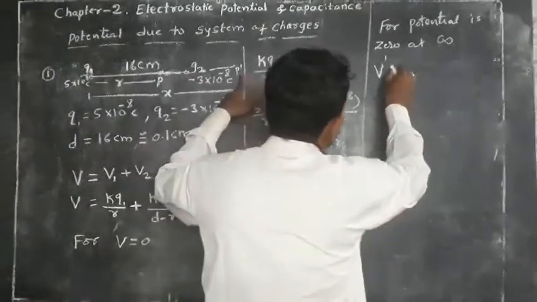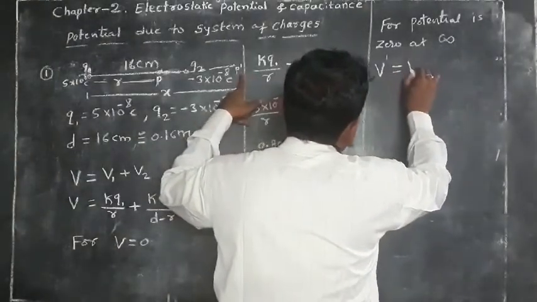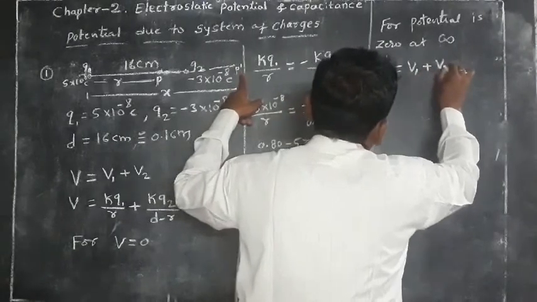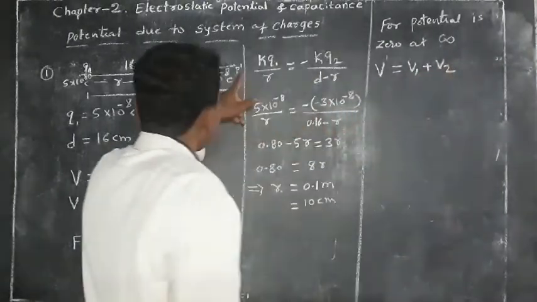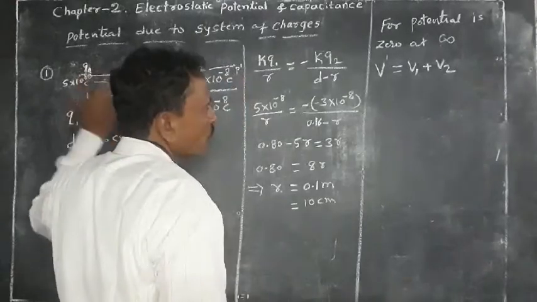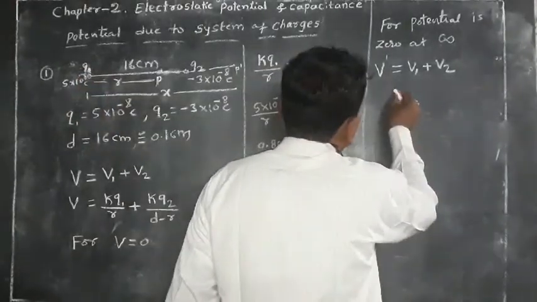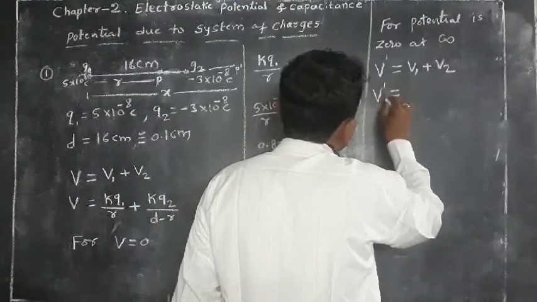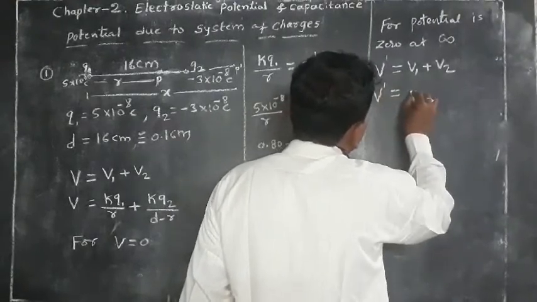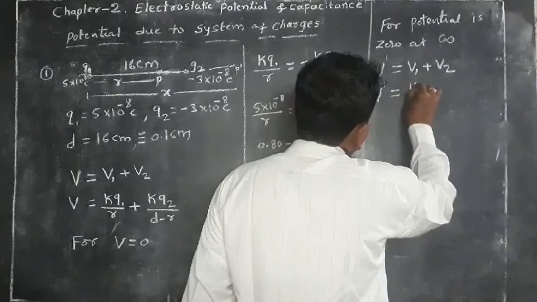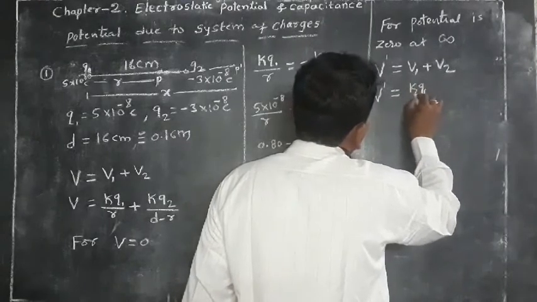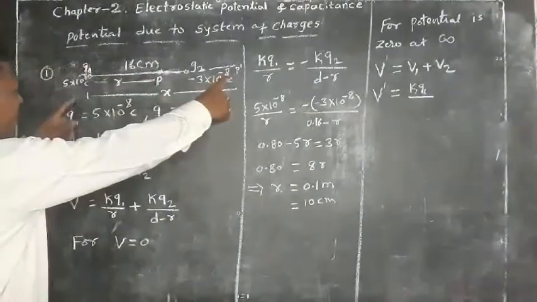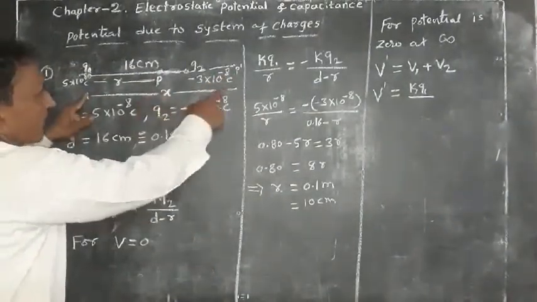Therefore, phi dash is equal to phi1 plus phi2. Here phi1 is the potential at P dash due to Q1, given by k Q1 upon the distance of the point from Q1, which is x.